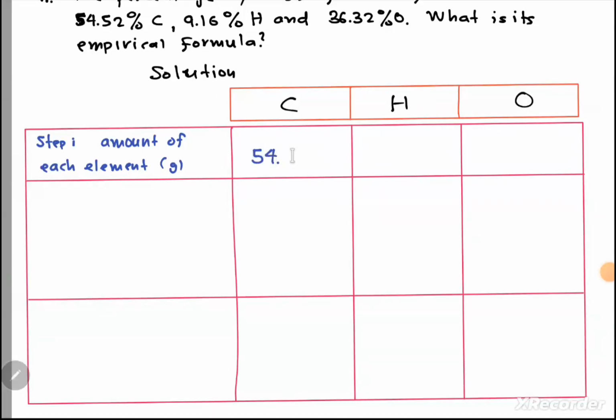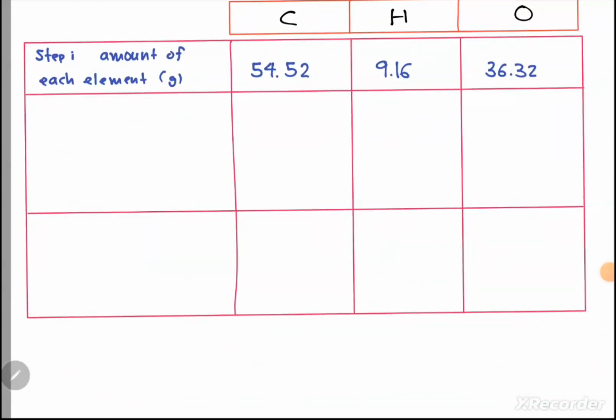We write the number of grams for each element, and then in step 2, divide its mass by molar mass of each element.